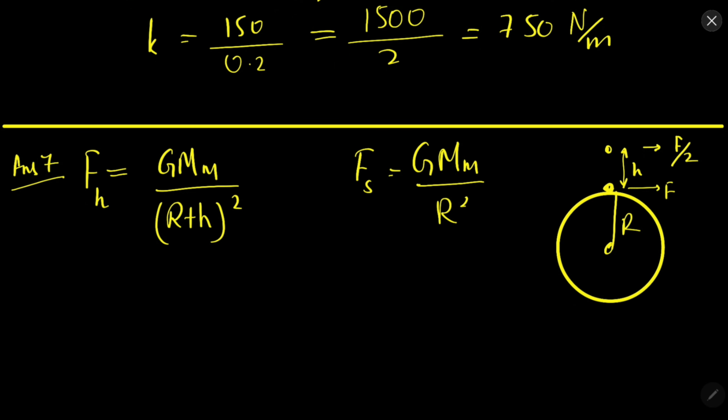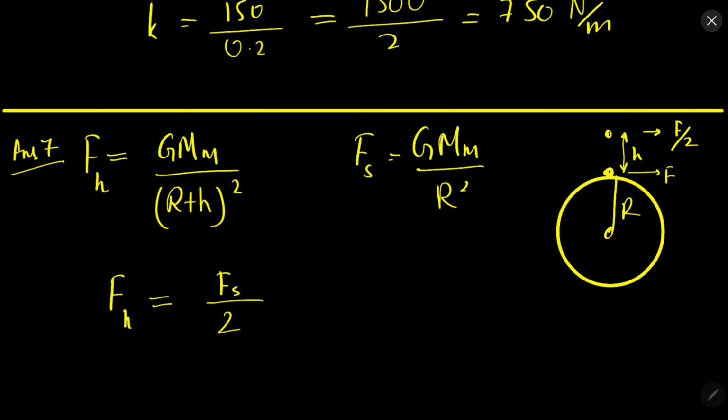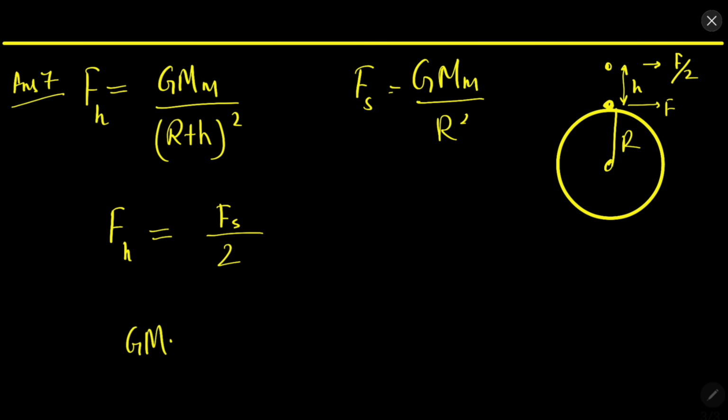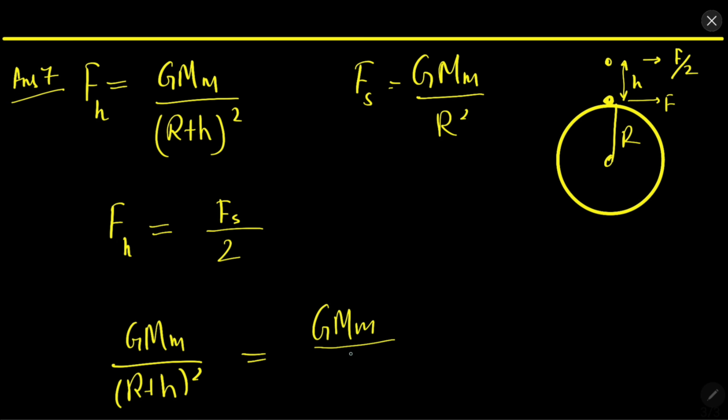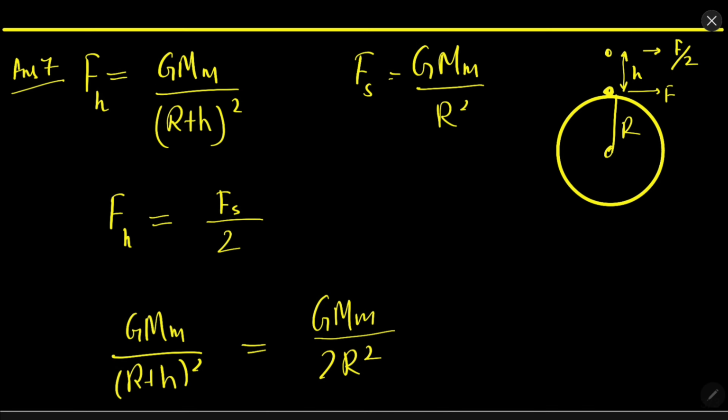So now we have been given that the force must become half at the height. So F_h will be half of the value at the surface. So G M m upon (R plus h) whole square equal to G M m upon R square and half, so therefore 2 is also there.